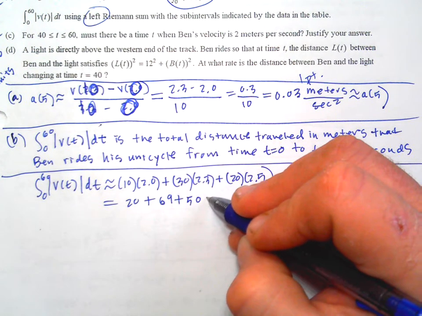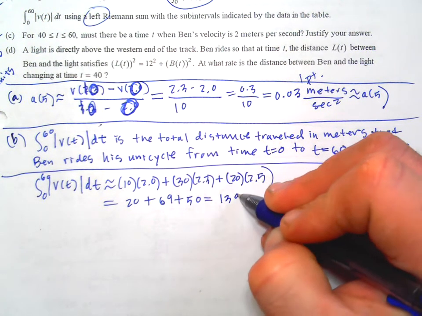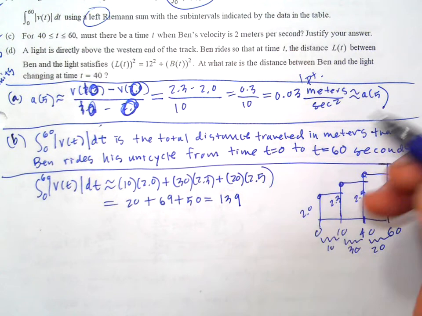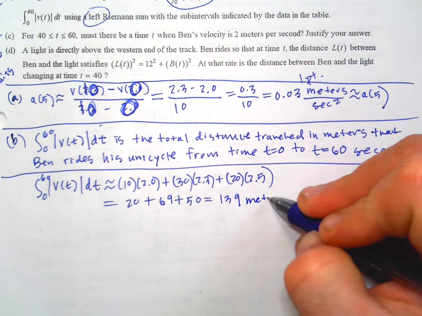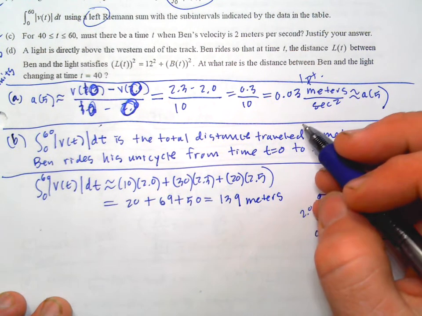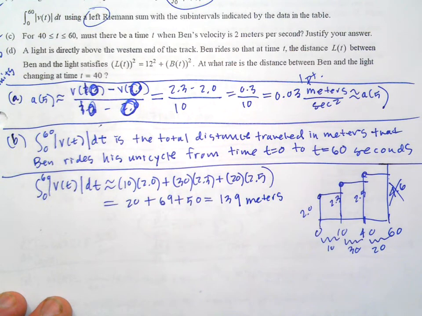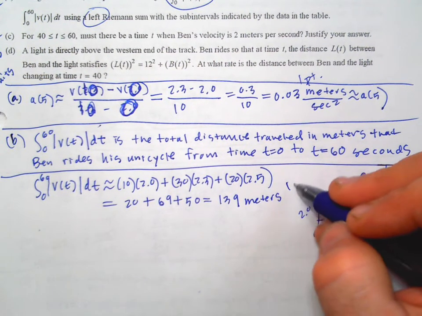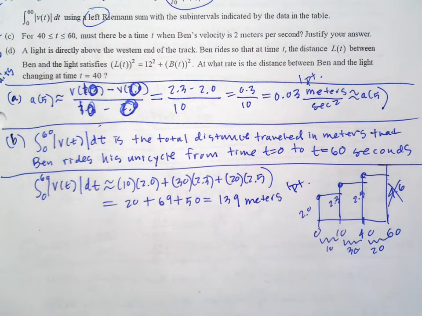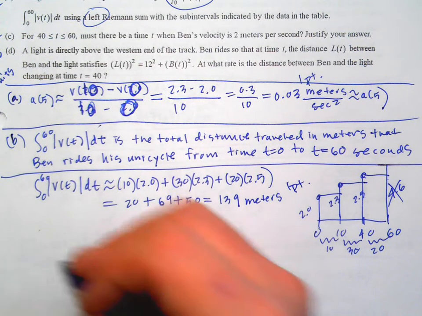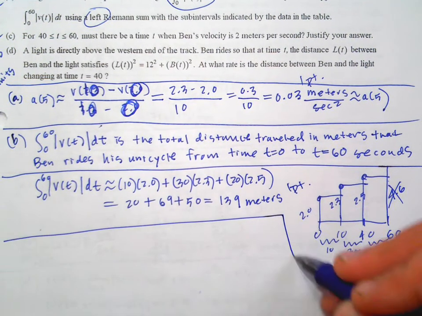So that's going to be 139. And the units are meters. So there you go. That's a point. I guess just 1 point for the interpretation and 1 point for the estimate.